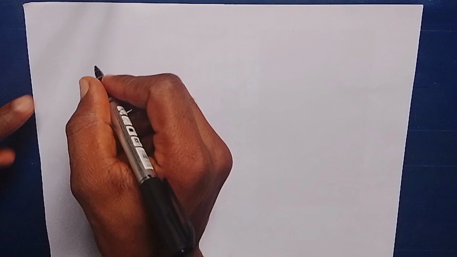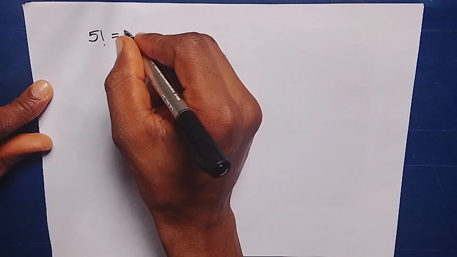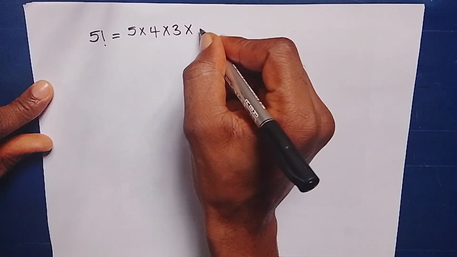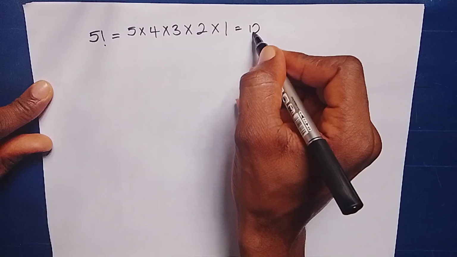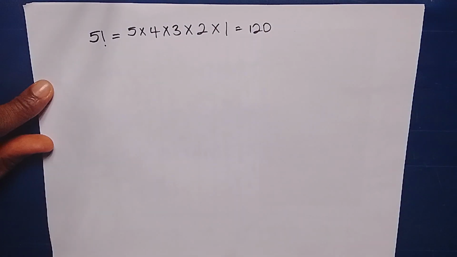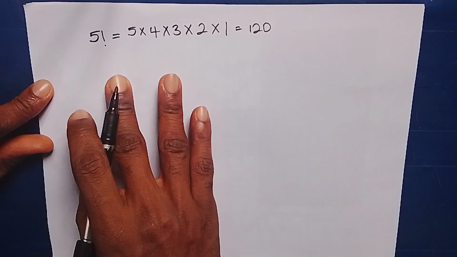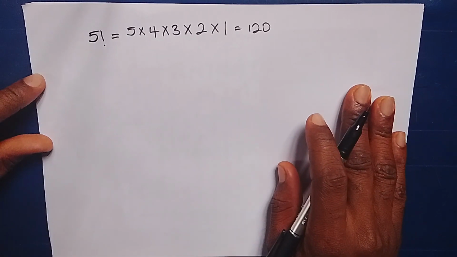For example, 5 factorial is equal to 5 times 4 times 3 times 2 times 1, which is equal to 120. So for any given positive integer, say 6, 7, whatever, you start from the given integer and then you find the product down to 1.